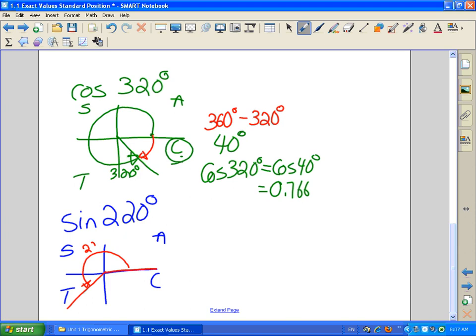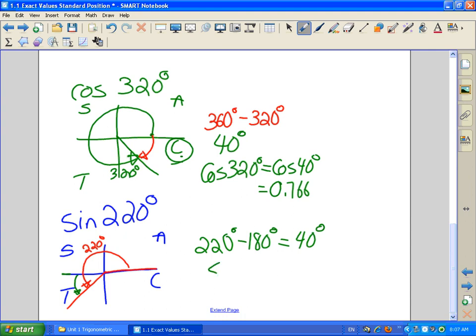So it's 220 degrees. Now, let's find out how do we get our reference angle, which is just this amount. Well, hopefully you can see that we know halfway through to here is 180. So if you take 220 and subtract 180 degrees, that's going to give you 40 degrees.